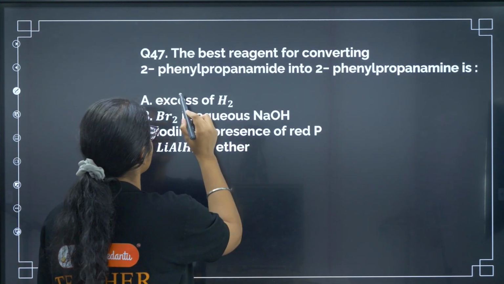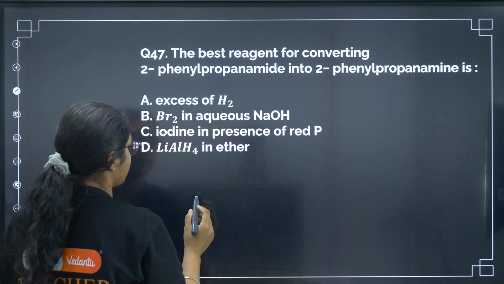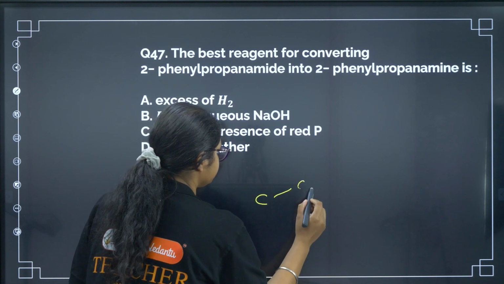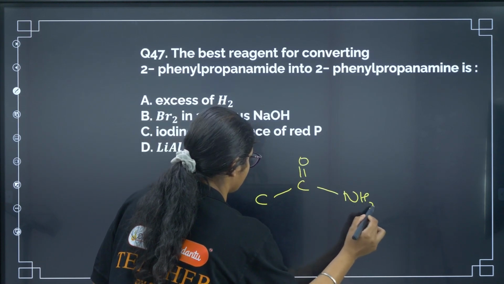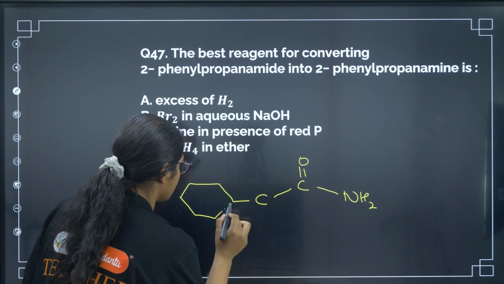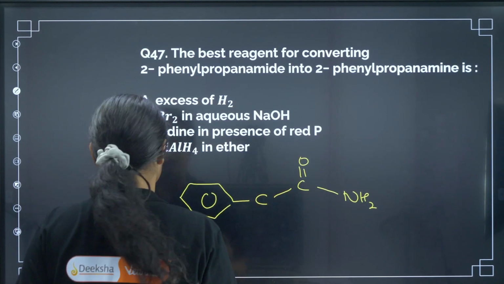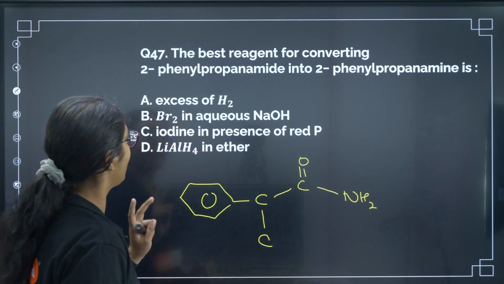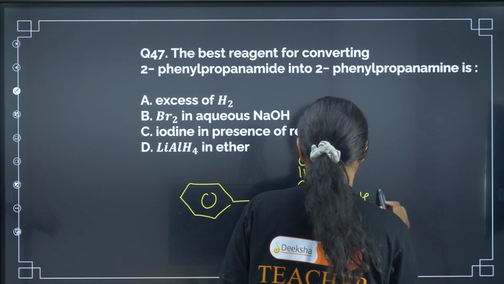Next, the best reagent for converting 2-phenylpropanamide into 2-phenylpropanamine. Okay, so we'll draw first this one, 2-phenylpropanamide. Okay, so we have this one, and then we have, sorry, one more carbon we need. Okay, so 2-phenylpropanamide, and then we have 2-phenylpropanamine. So we will have this one too.